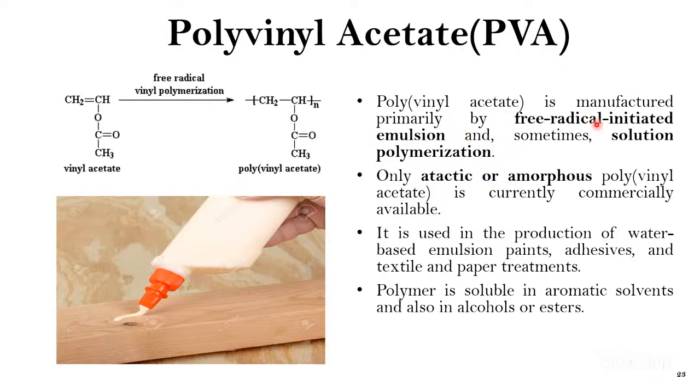It is generally manufactured by free radical initiated emulsion or sometimes solution polymerization. Emulsion and solution are the two polymerization techniques generally used for manufacturing polyvinyl acetate.